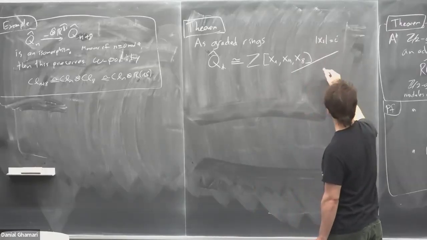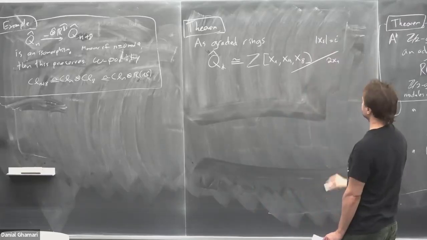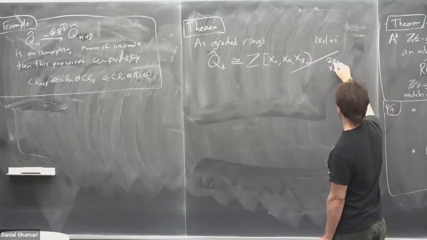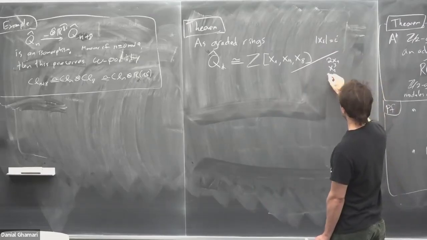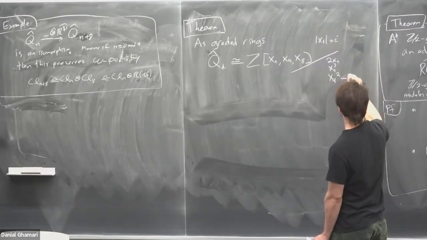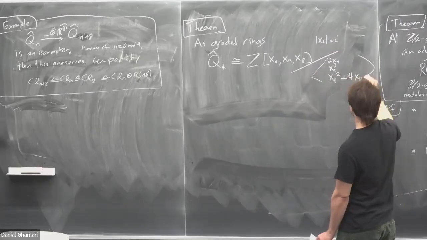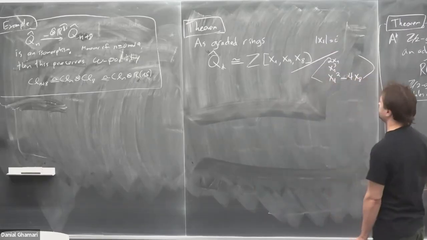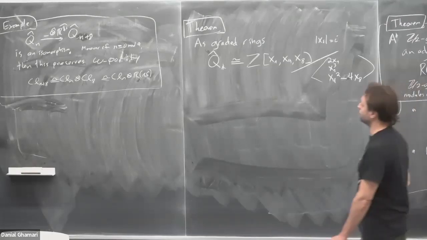You take the quotient by the relations that x1 is 2-torsion, x1 cubed is 0, and x4 squared is 4 times x8. So three different relations; take the 2-sided ideal generated by those elements, and you get this isomorphism.